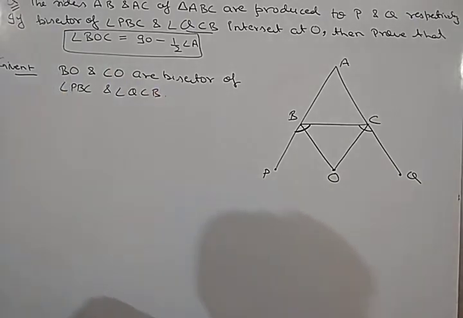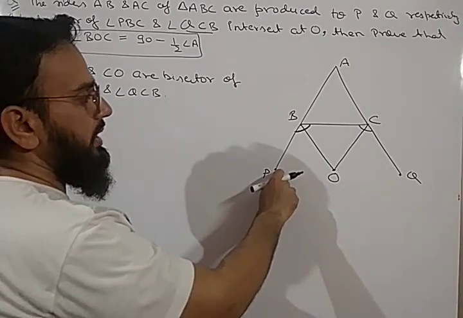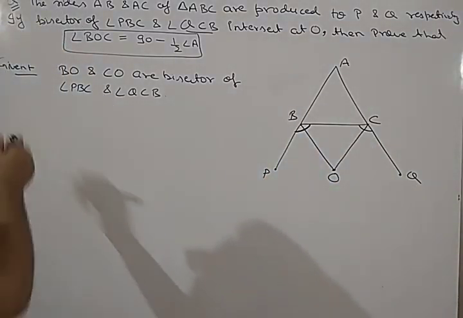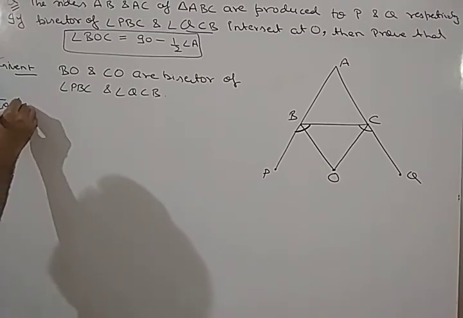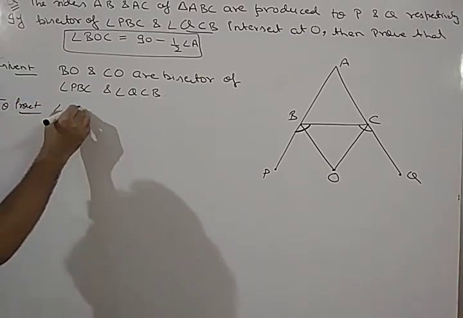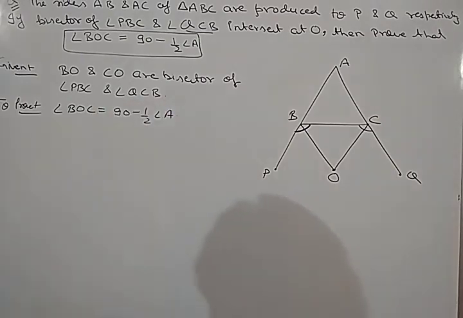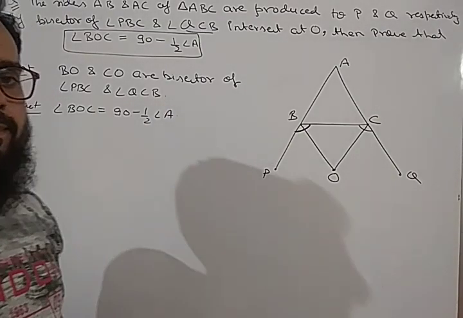And what we have to prove, you can also write yourself: we have to prove angle BOC is equal to 90 minus half of angle A.